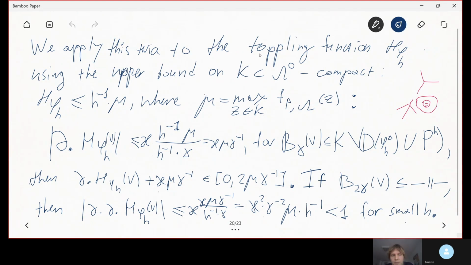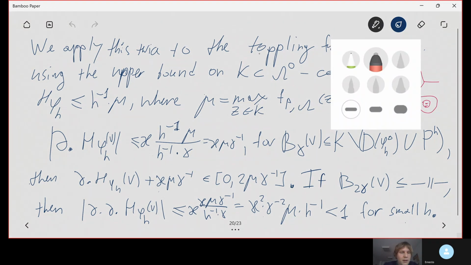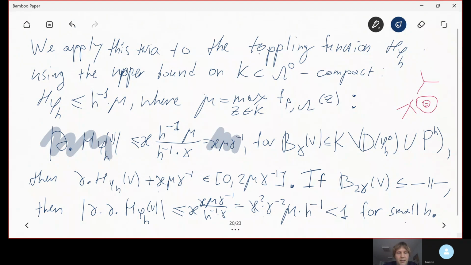So you have no difficulty deriving this first estimate. You just apply the theorem, and you lose the dependence on H. But now you need to add the maximum, and also increase the size of your domain of harmonicity. Then you can apply the theorem again, and you get the following estimate.